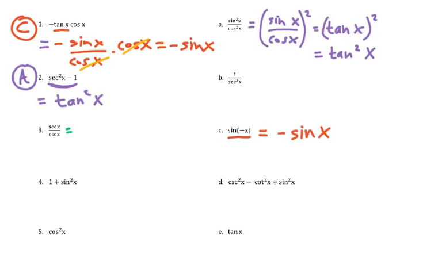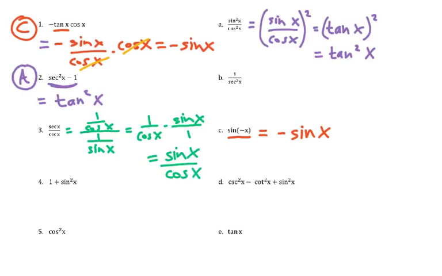So we just said that secant is the same as 1 over cosine, and cosecant is the same as 1 over sine. I have a fraction divided by a fraction, which is the same as multiplying by the reciprocal. So this is the same as 1 over cosine multiplied by sine over 1, which can be written as just sine over cosine.